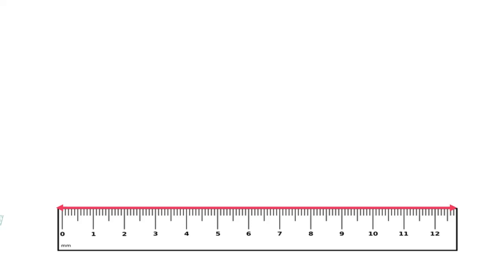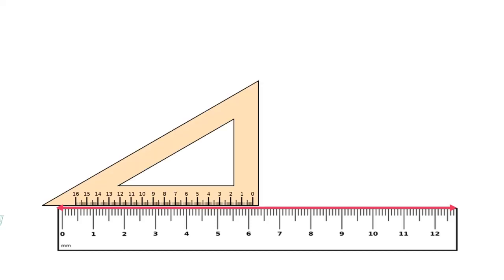Okay, for that you have a set square in your instrument box. This is a set square. The peculiarity is that two sides of this set square, especially this side and this side, are perpendicular to each other, 90 degrees. So we'll make use of that particular side in order to draw the perpendicular to the already drawn line. Let us draw a perpendicular using the pencil.